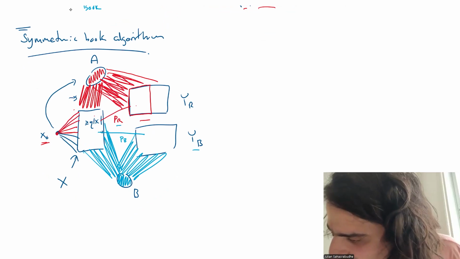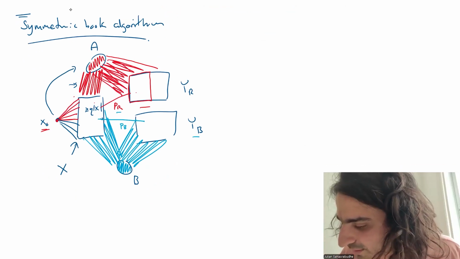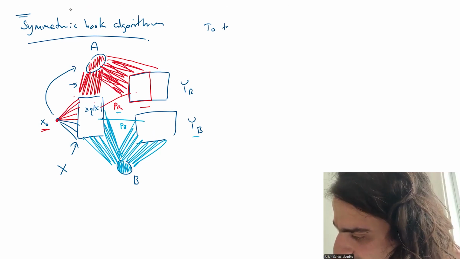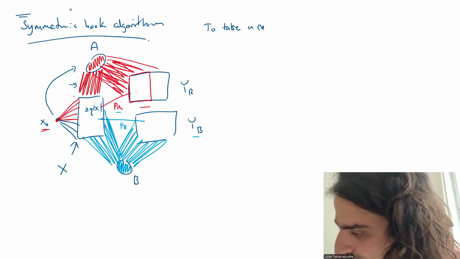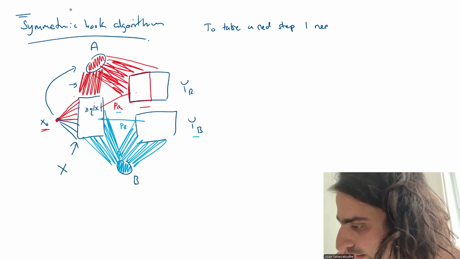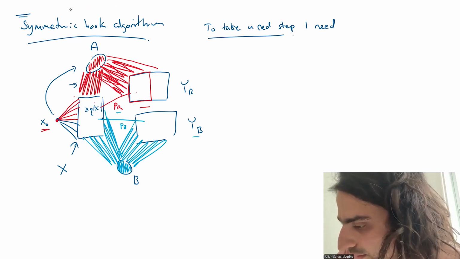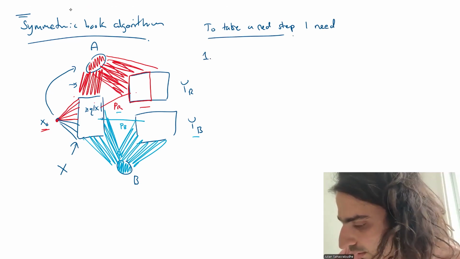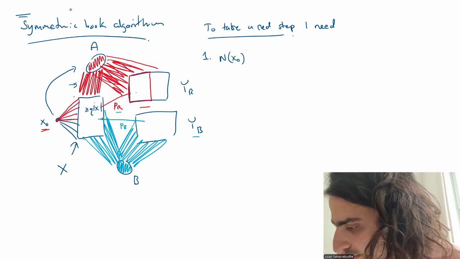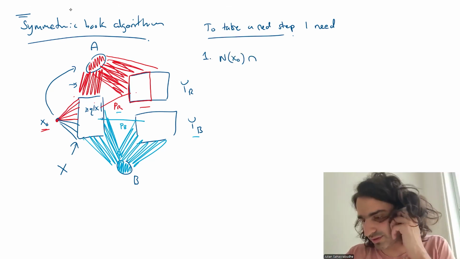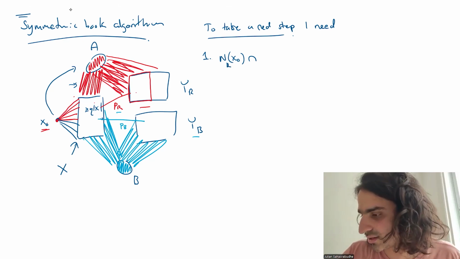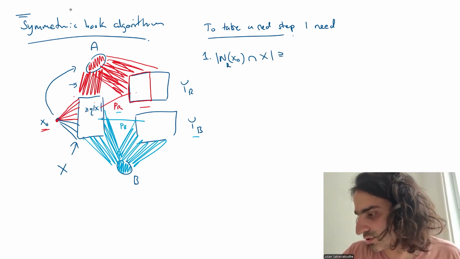Okay, so sorry, let me try to make some notes about what I need. To take a red step, I need, one, that the red neighborhood of x naught, intersection x, is not too small.